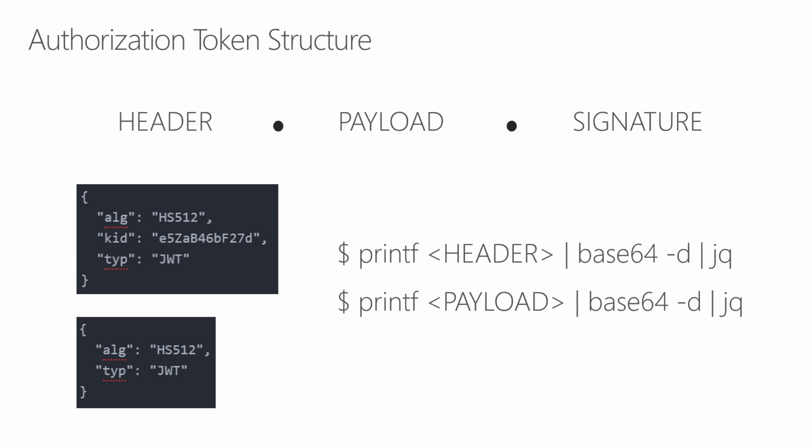And if the key ID exists, then the token could be validated. And if it doesn't exist, likely you will not be able to validate it, because you don't have the key that could be used to validate the signature.